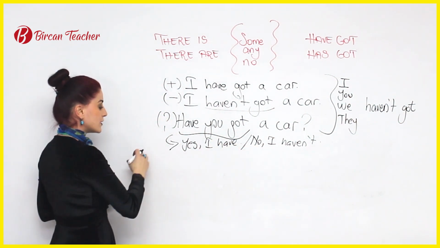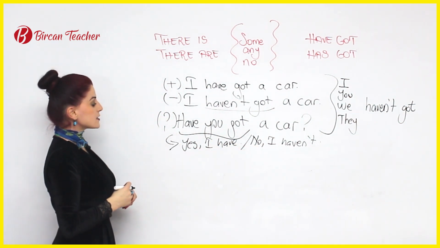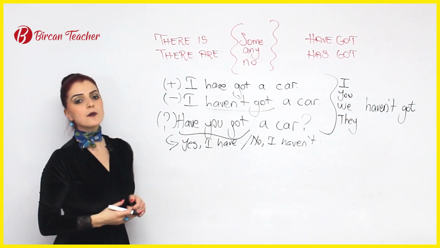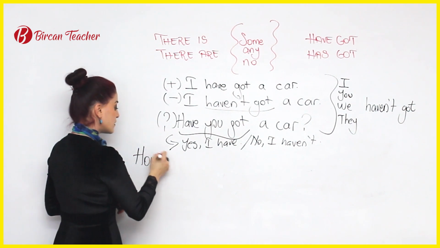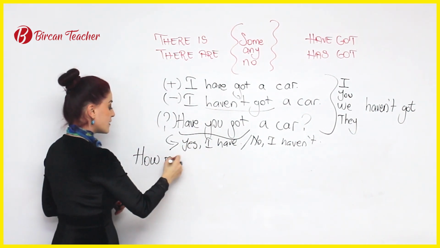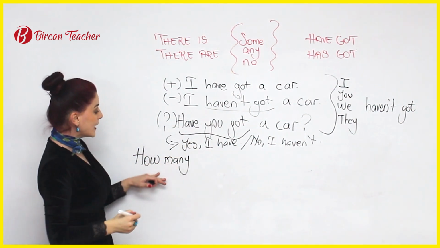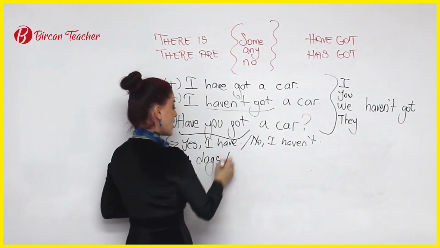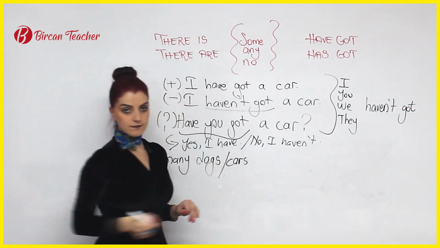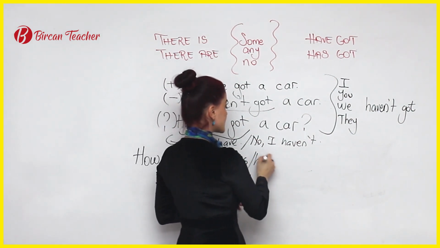For plurals and countable nouns, sometimes you want to learn about numbers and amounts. So for have you got, how many dogs? How many cars? How many houses?